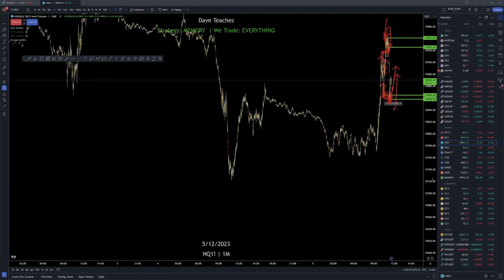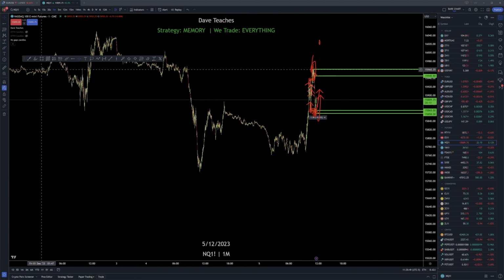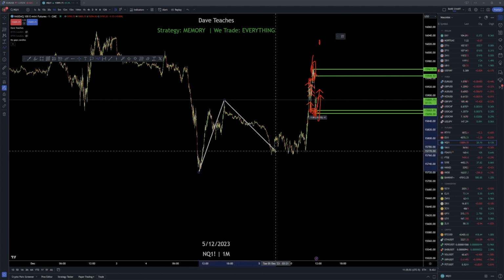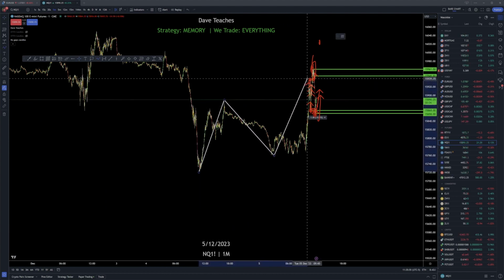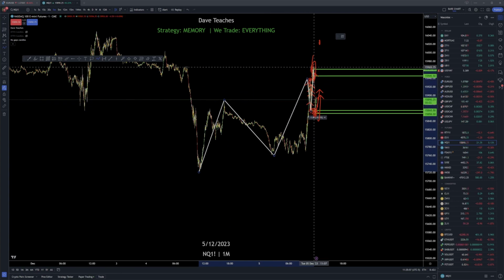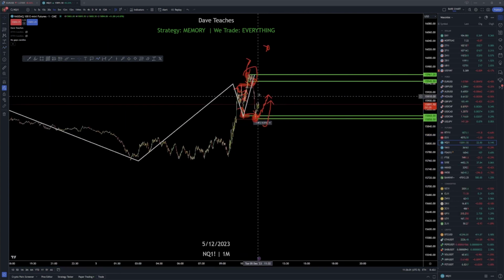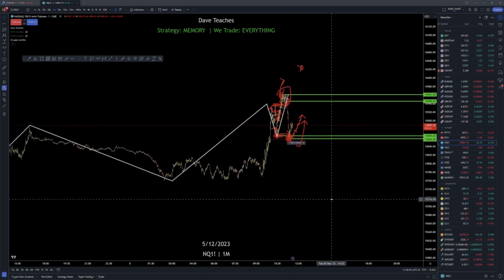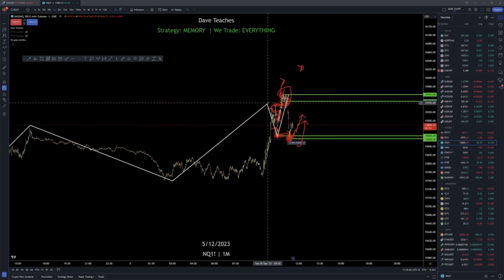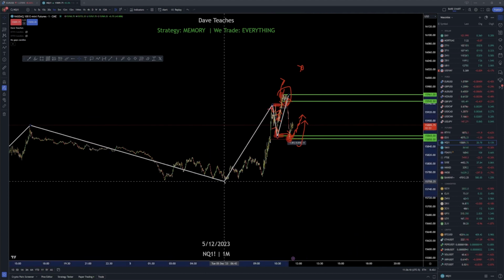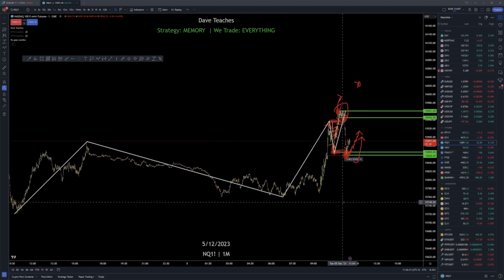Remember what we did before we started? Remember that? So we're still following our higher time frame structure, and we're still following our lower time frame structure.